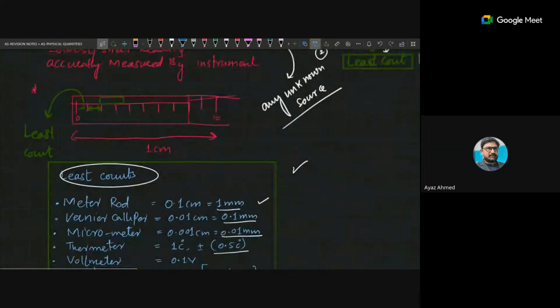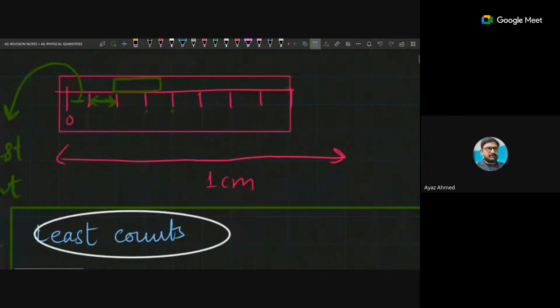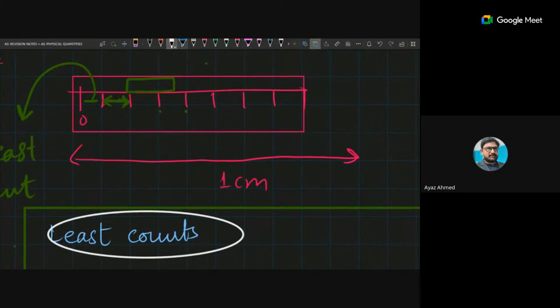If we have to measure a physical quantity, for example if a meter rule is going to be used to measure it, we could use this meter rod from two sides.